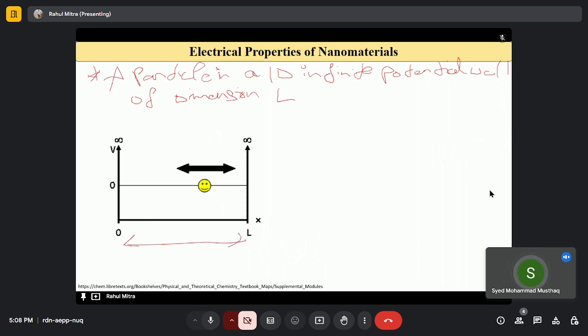For example, if we are talking about a thin film, that is its thickness, and that equals L. The potential energy is 0.